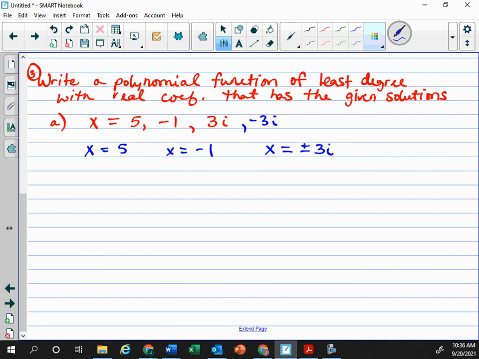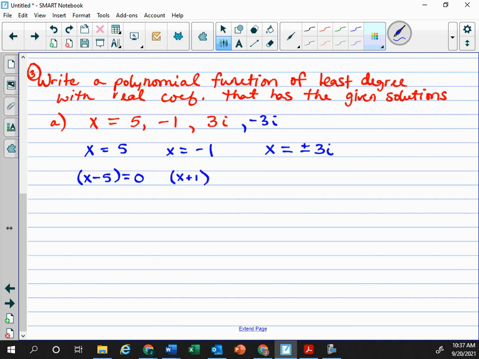Okay. To turn these into factors, you do this automatically when it's just a number. Am I right that you'd say, yeah, x minus 5 is a factor? That comes from this solution. You're just working backwards. You're moving the 5 over. So the next one would be x plus 1.